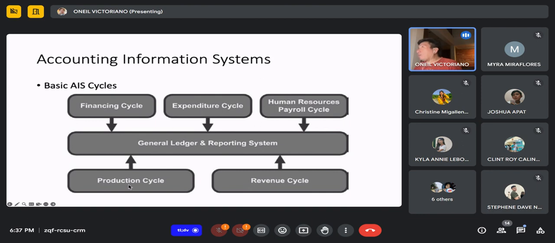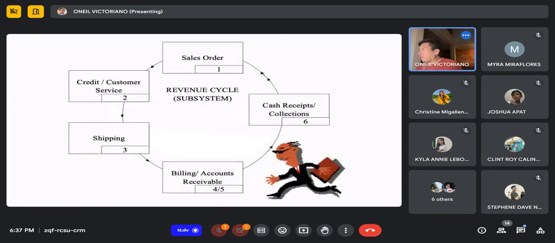Part of the production cycle would be cost accounting, which is asset management. So this is the revenue cycle. So we have sales order, we have receipts collection, we have billing and AR, we have shipping.